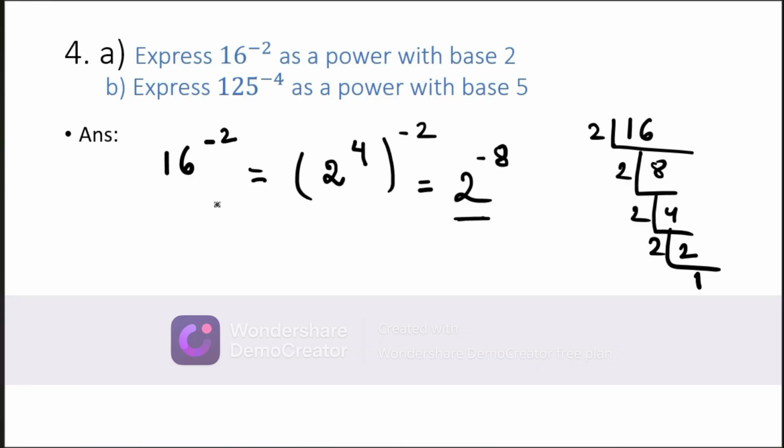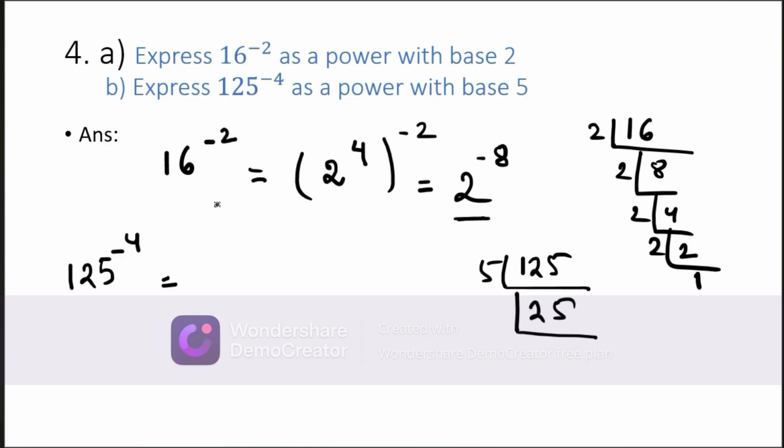In the same way, you have to express 125 whole to the power -4 as a power with base 5. So if you start factorization of 125, 5 25s are 125, 5 5s are 25, 5 1s are 5.